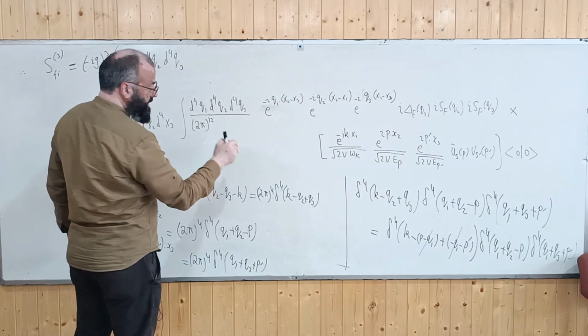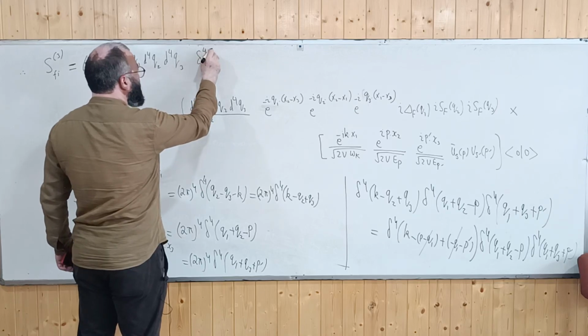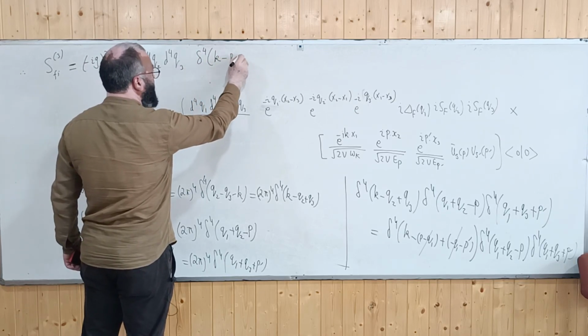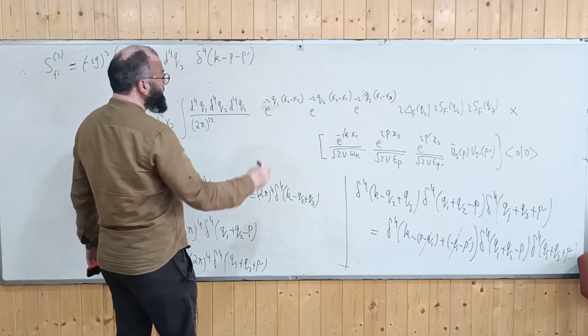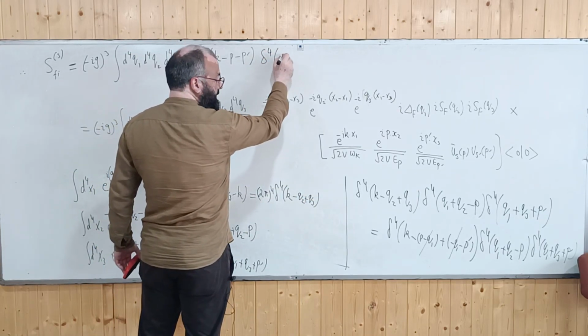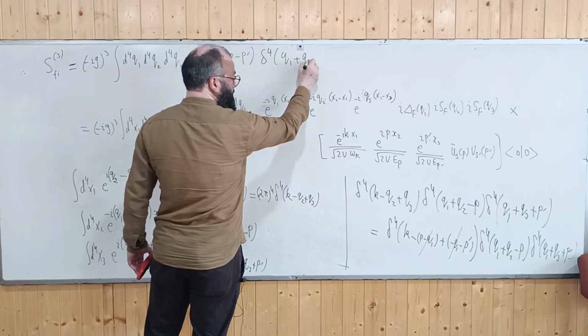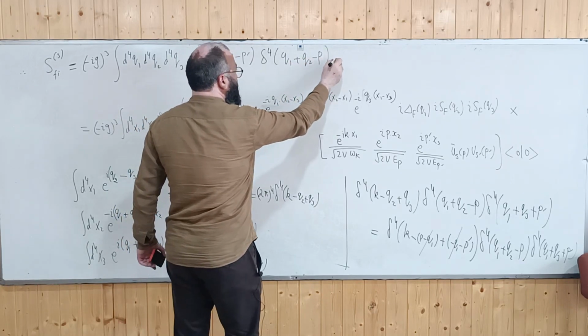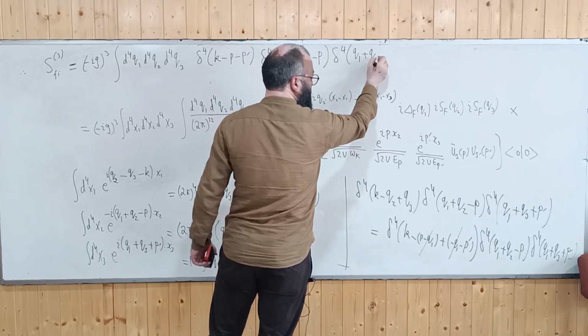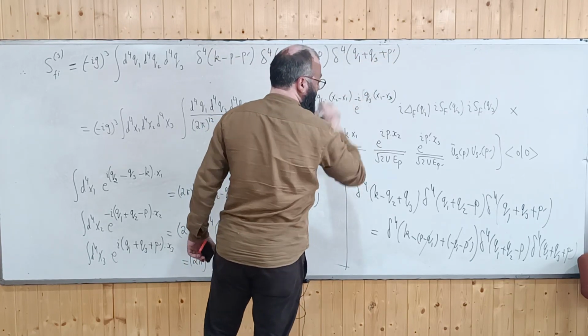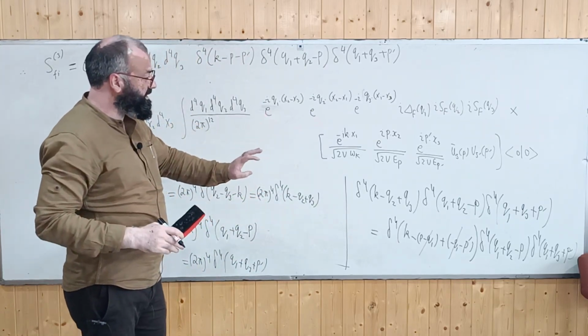Then you have the delta functions: delta 4 of k minus p prime, then delta 4 of q1 plus q2 minus p, then delta 4 of q1 plus q3 plus p prime. So it's all these delta functions.